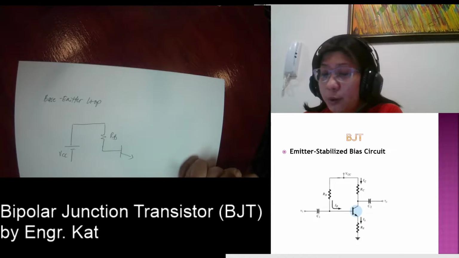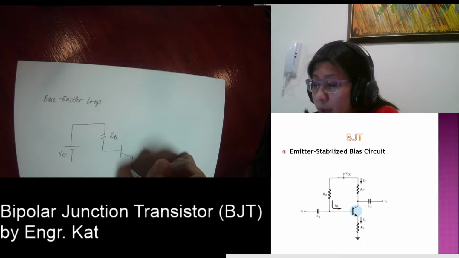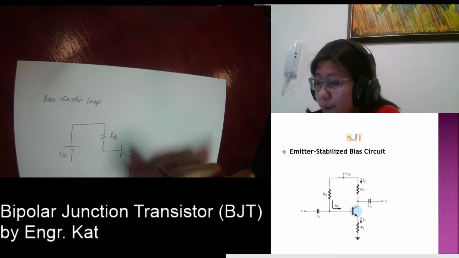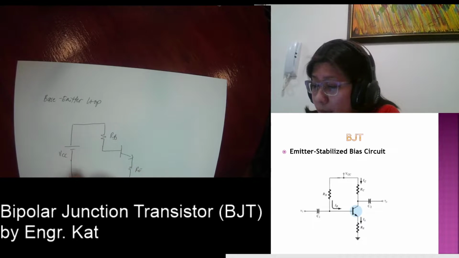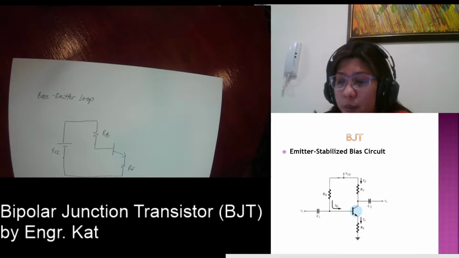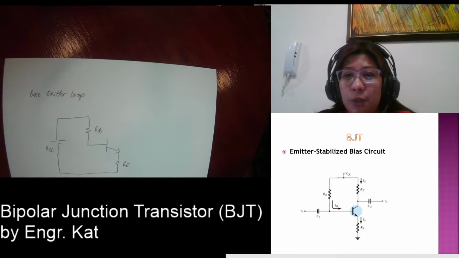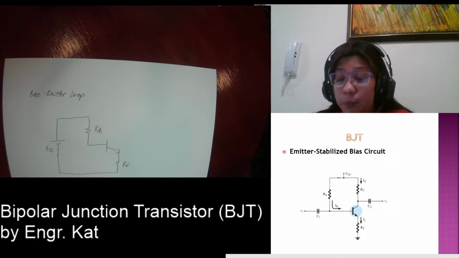We have here your emitter. Before it is grounded, but this time we have your RE here. Okay, and then we will be joining the negative VCC and the ground. This is still under common emitter configuration because as you can see, emitter is still the terminal which is grounded. Emitter is still the terminal that we can see both at the input side and at the output side.